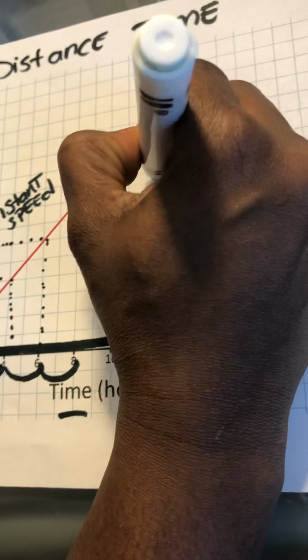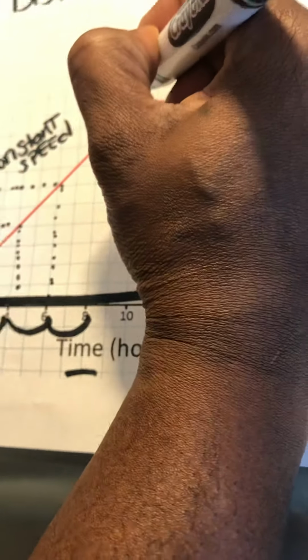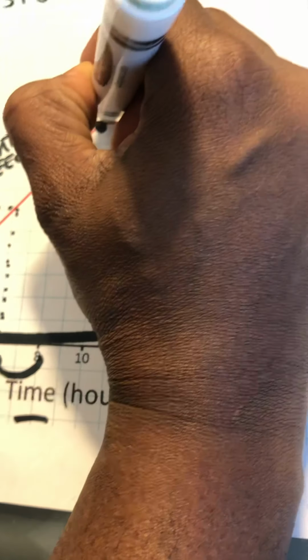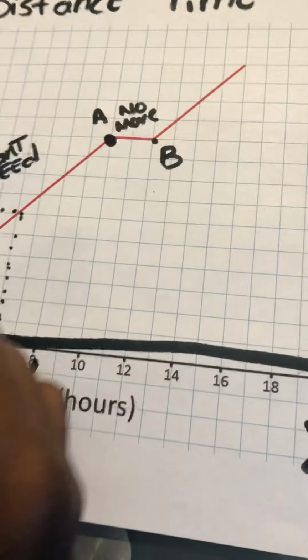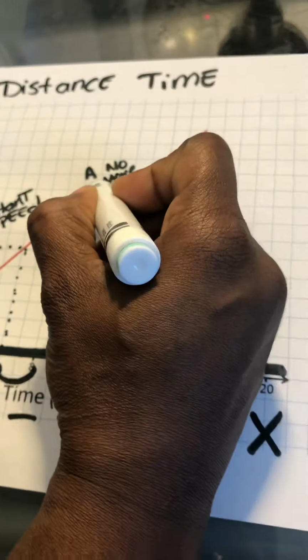Now, from point A to point B, this is going to be stationary, or no movement. Imagine that you're in a car driving at a constant speed, and then you get to a stoplight.